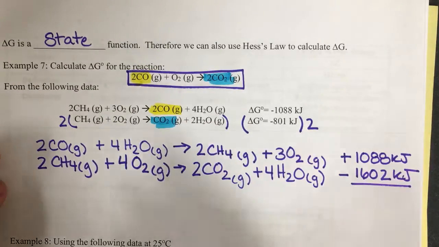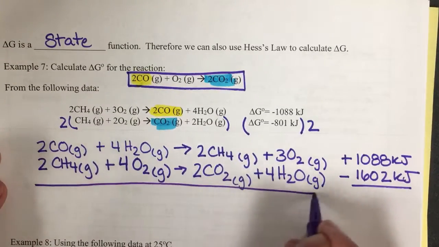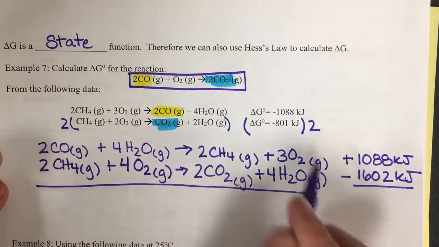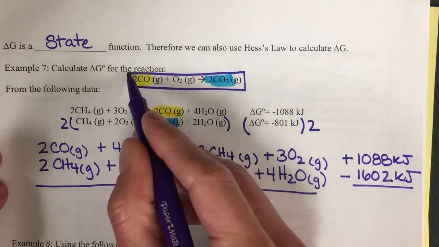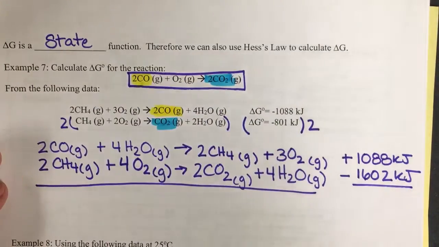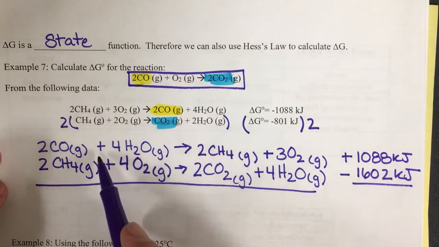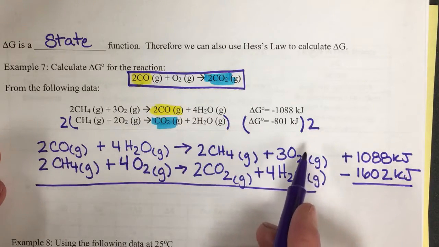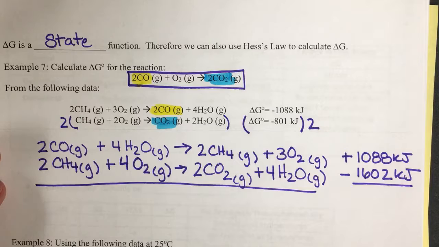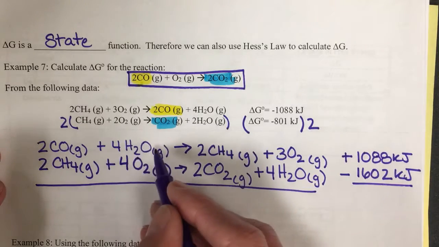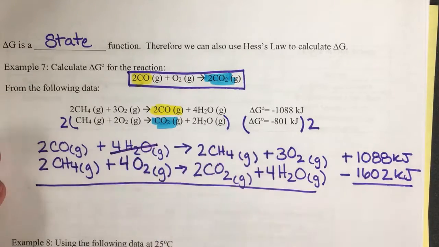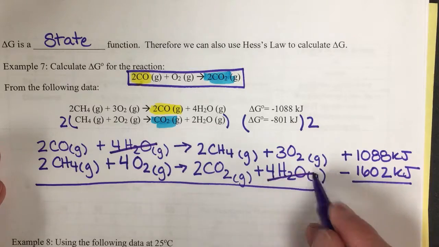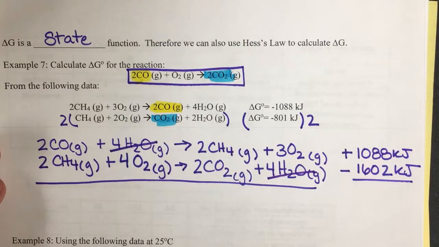Okay? Now I need to make sure that all of this actually equals all of this. Anything that's the same on the left and the right of the equation, I can cancel out. Well, I've got 4 waters here. I've got 4 waters here. Those cancel out.